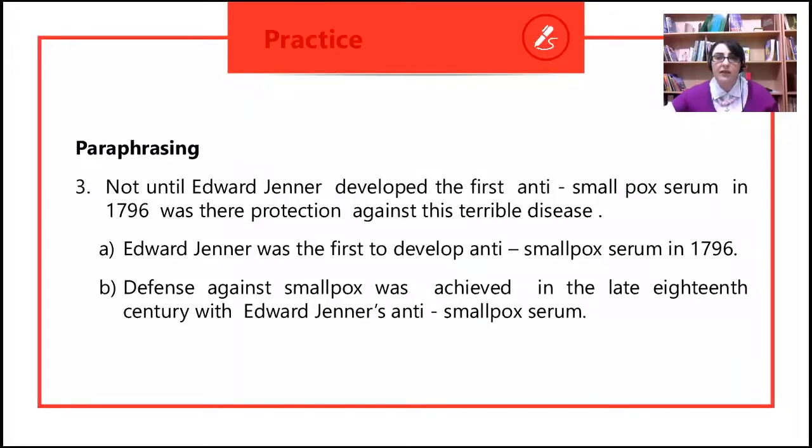So this part, let me underline for you, is missing when you choose number A. Number B contains all the important information that is in the original sentence: defense against smallpox was achieved in the late 18th century with Edward Jenner's anti-smallpox serum. So this number B is the correct version. If you have any questions, if you don't understand why, please tell me. I will explain one more time.